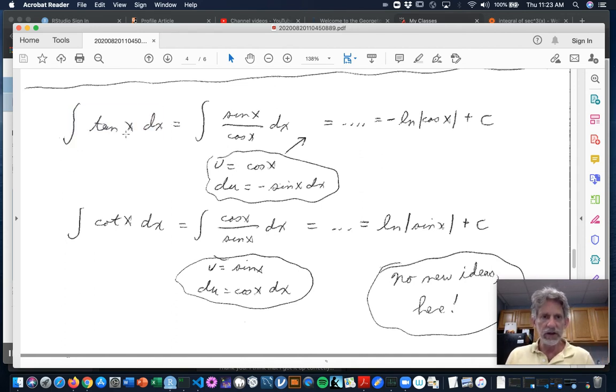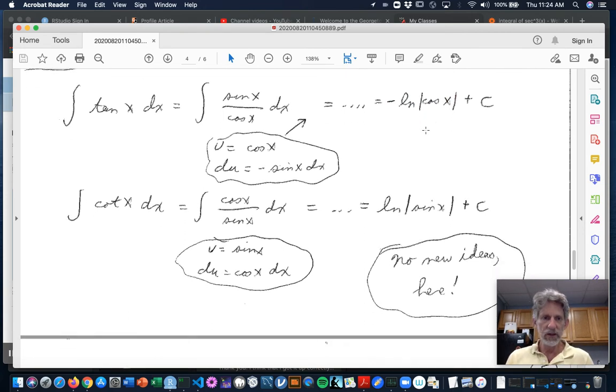Because if you need the antiderivative of tangent, just remember its definition is sine over cosine, and try a u substitution where u is cosine. Then du is minus sine x dx, and there you are practically looking at du right in the face. You've got a minus 1 over u du, antiderivative log of the absolute value of u. We've done this in a previous section.